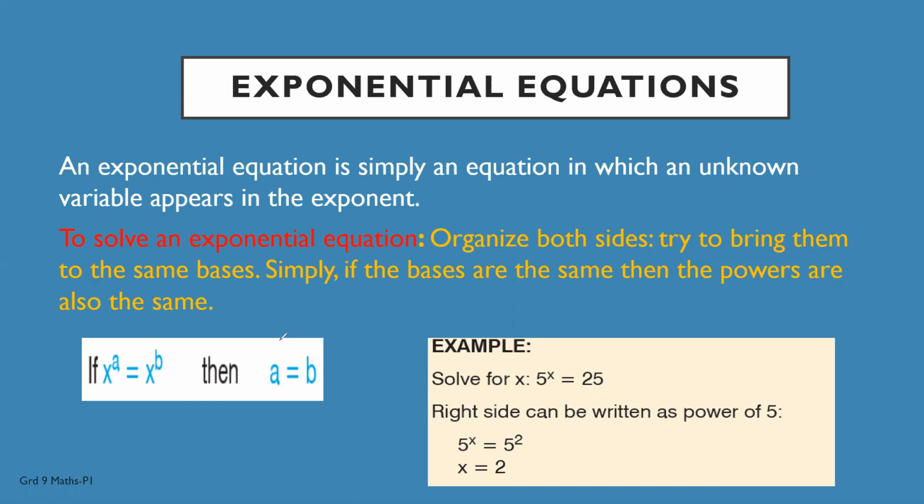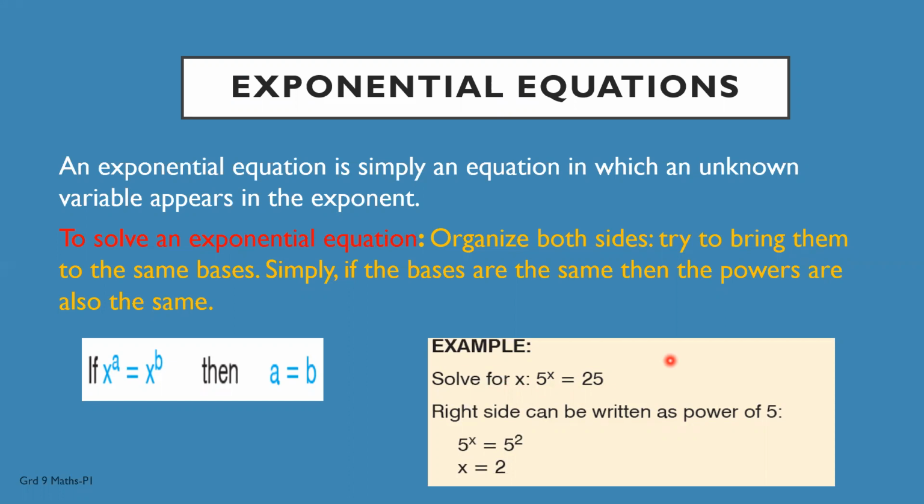Okay, so let's look at this question here. As you can see, there is an example. It says solve for x if 5 to the power of x equals 25. Guys, in exponential equations, we are working with exponents.